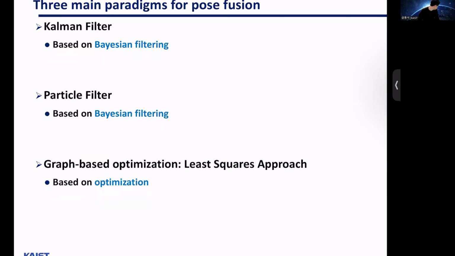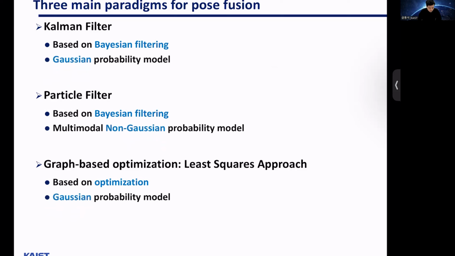First of all, the Kalman filter and particle filter have been derived or developed based on the Bayesian filter, which is the commonality between the first two methods. But the last one is somewhat different. It relies on an optimization algorithm. There is also a difference between the Kalman filter and the particle filter.